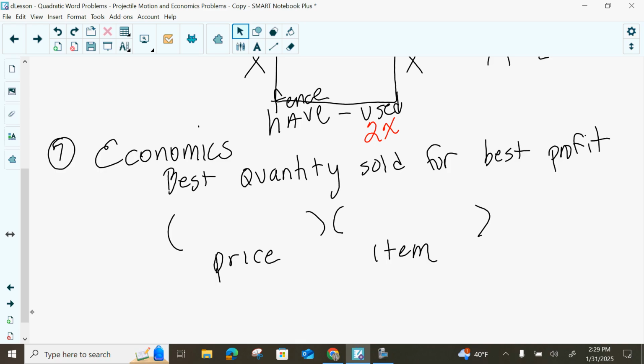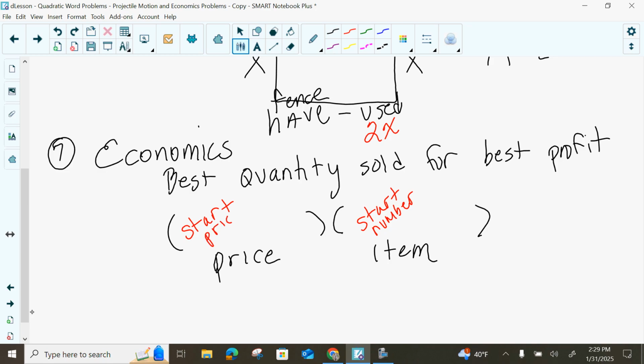You're given a starting price and a starting number of items.